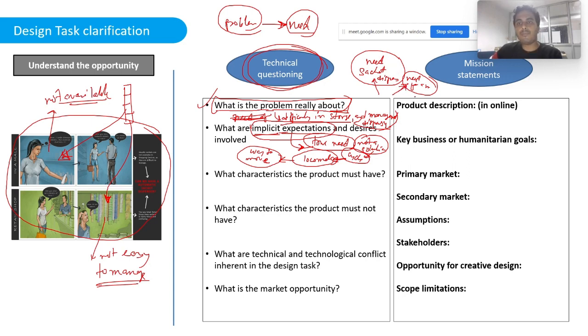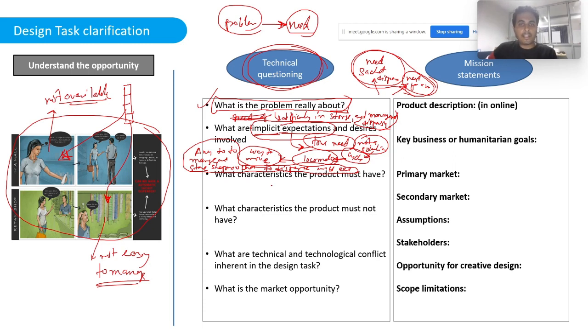So you need to come up with a better expectation. So here the expectation, again similar, is a way to manage and store shampoo sachets, to dispense with ease. This kind of statement you formulate when you are asked to define the implicit expectations.